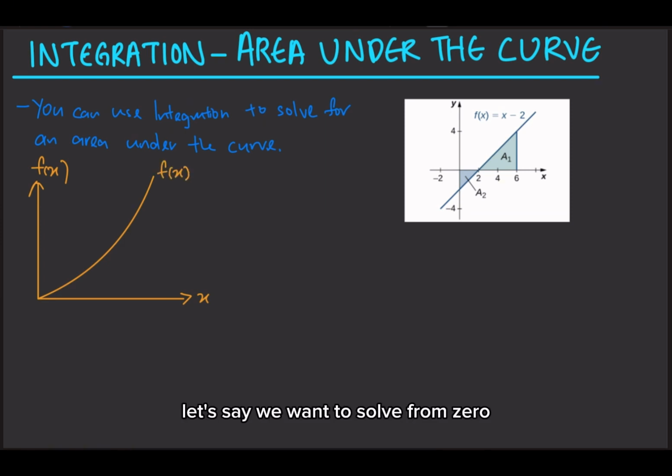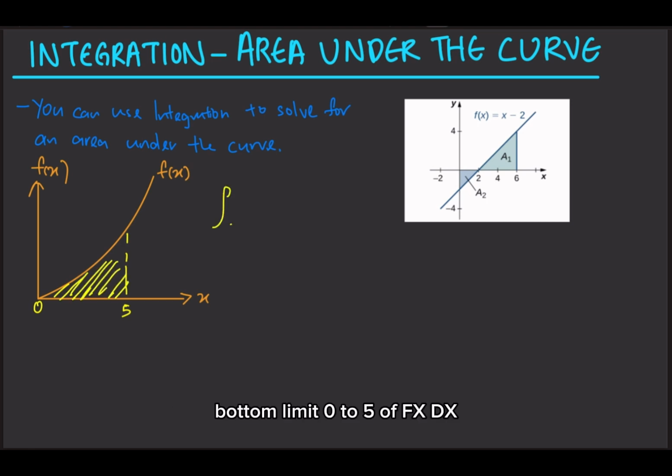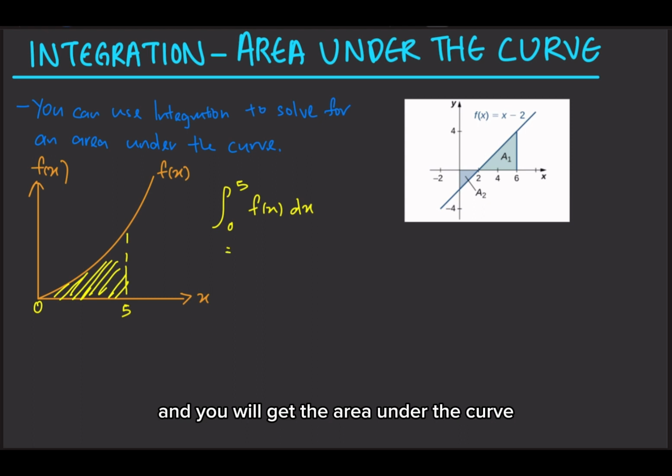Let's say we want to solve from 0 all the way up to 0.5. We want to solve this area. What we can do is take the integral from 0 to 5 of f of x dx, and you will get the area under the curve.